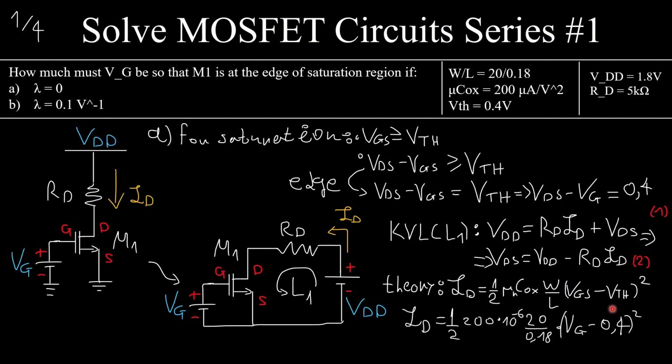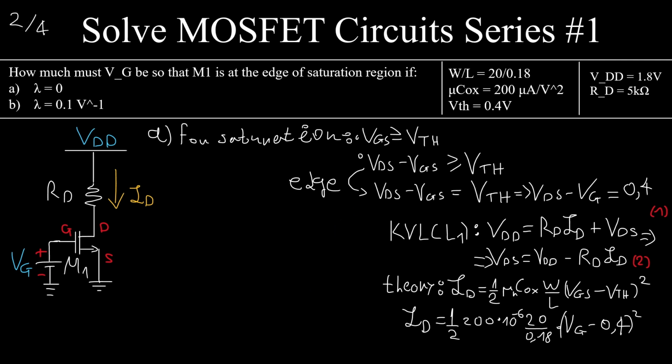I'm going to replace some of the values here with those given by the exercise. VTH is 0.4, and the other values are simply given here. Also, be careful, because μnCox is given in microamps per volt squared, so be very careful to transform this value into SI units.